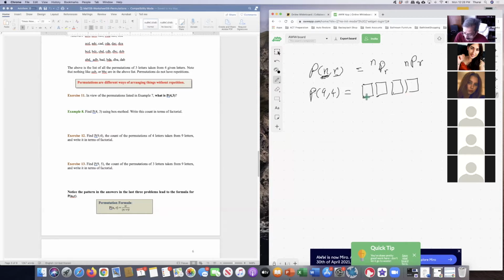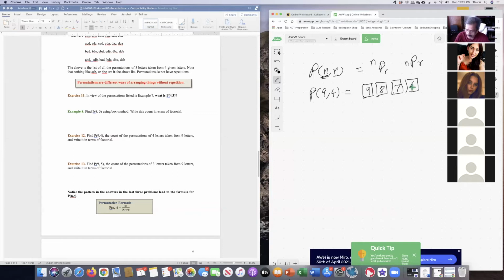How many ways are there to place one of the objects here? 9 ways. There are 9 objects to choose from. And then the number of permutations will be the same as the number of ways of arranging or code words without repetition. We understood that in the last class. The permutations are the same as arrangements without repetition. So therefore, no repetition allowed. So for the second box, 8 ways to do, 7 ways, and 6 ways. So multiply them, that'll be your number.